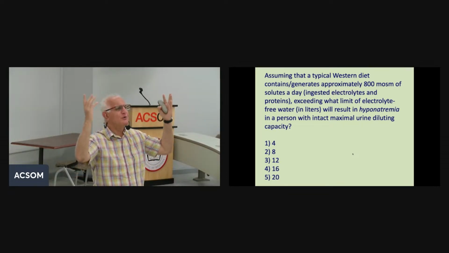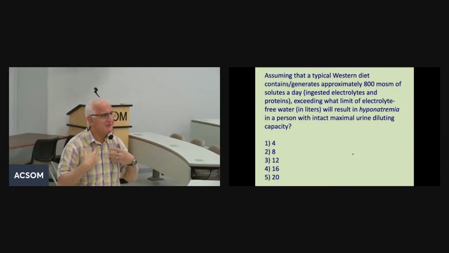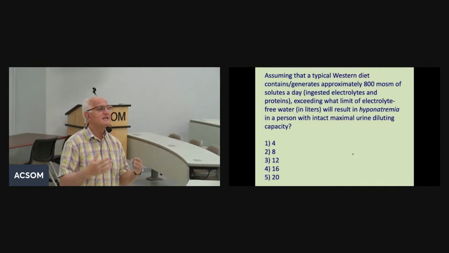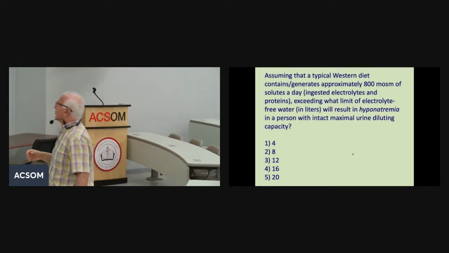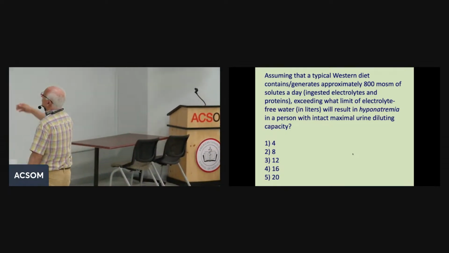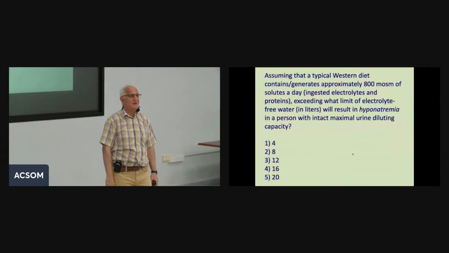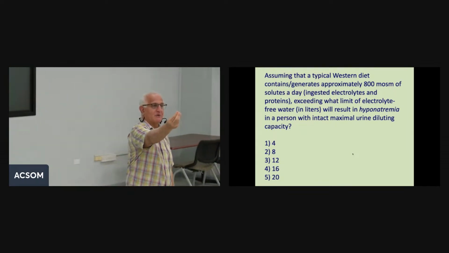Your maximal diluting capacity means that you can go all the way to 50. It's not like me that I am old, I'll go to 100 or 80, whatever, right? Let's say somebody can dilute the urine all the way to 50. So what is the maximum fluid that somebody can get without getting hyponatremia? So basically, I'm asking you, you have 800 milliosmoles that goes in.